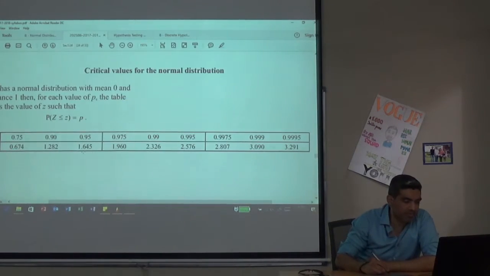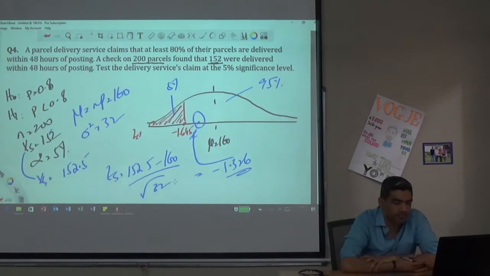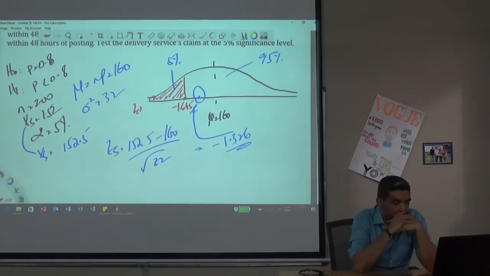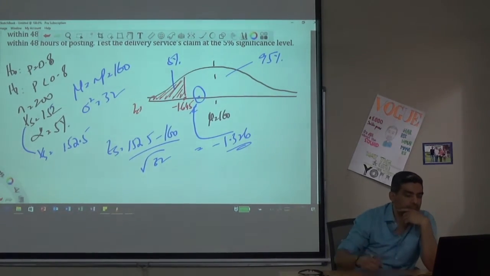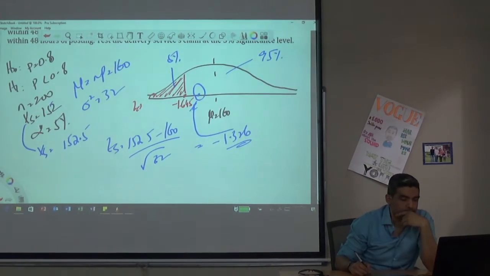The Z value for 0.95 is 1.645. Accept H naught.